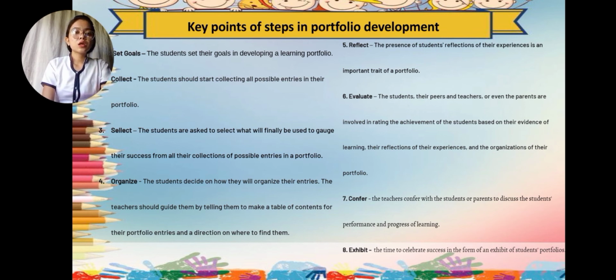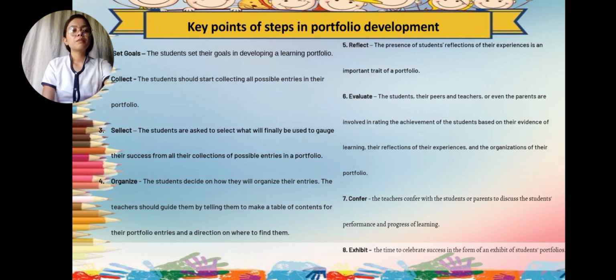The students are asked to select what will finally be used to gauge their success from all their collections of possible entries in a portfolio. We have number 4, organize. The students decide on how they will organize their entries. The teacher should guide them by telling them to make a table of contents for their portfolio entries and a direction on where to find them.